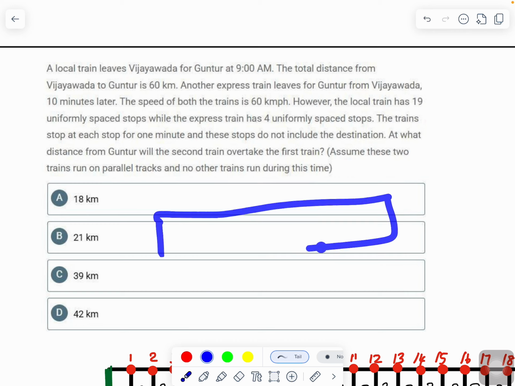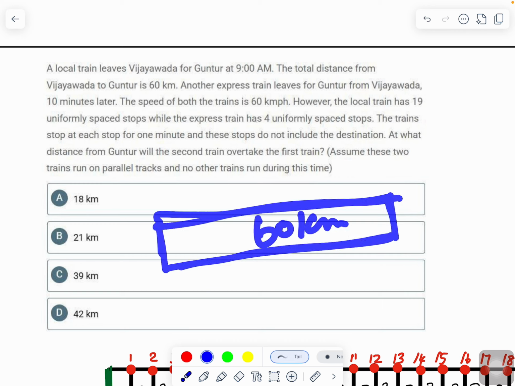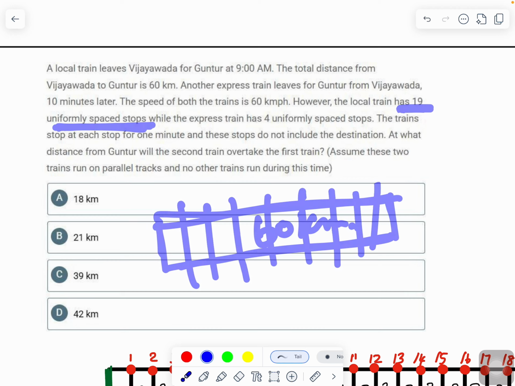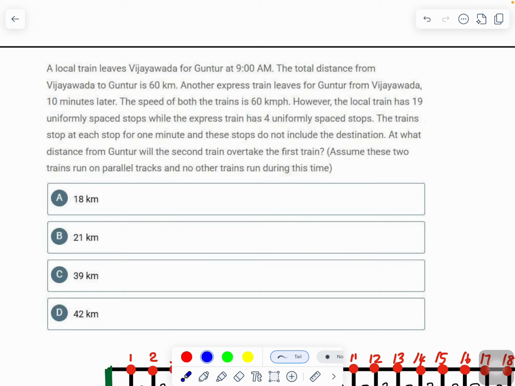Now the entire 60 kilometer journey for the first train has 19 uniformly spaced stops, which means it will be cut into 20 parts. If I place 19 sticks in between, there will be 20 parts.